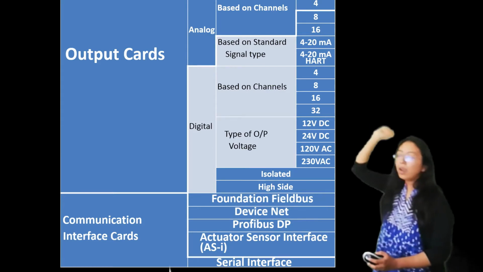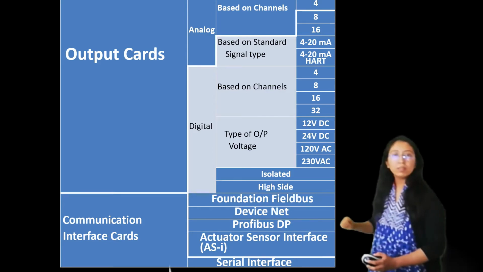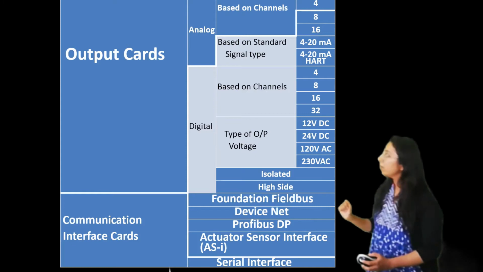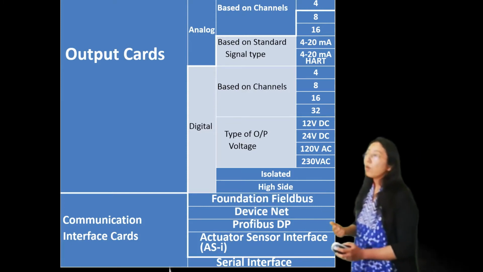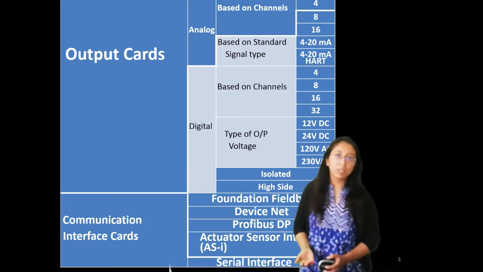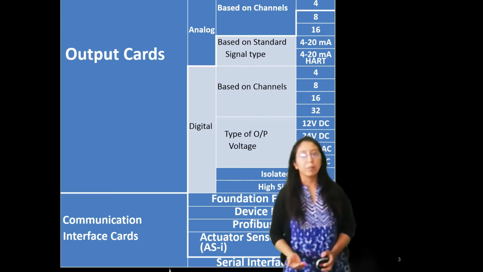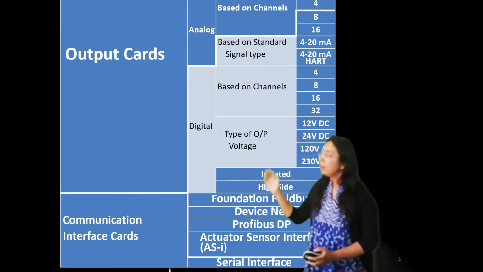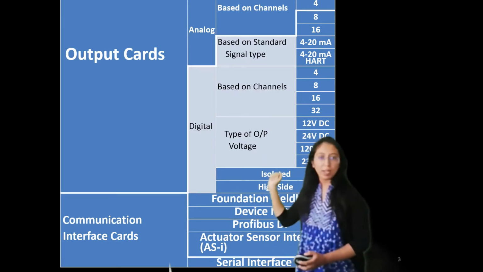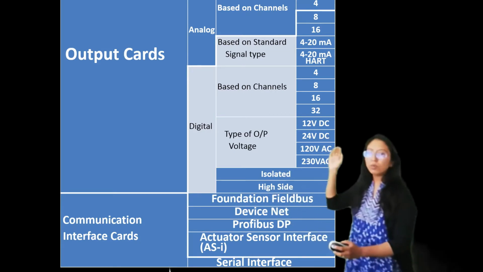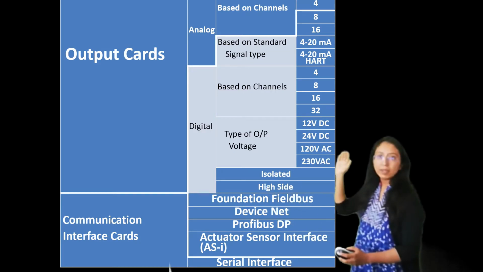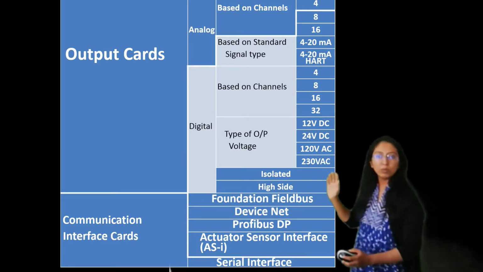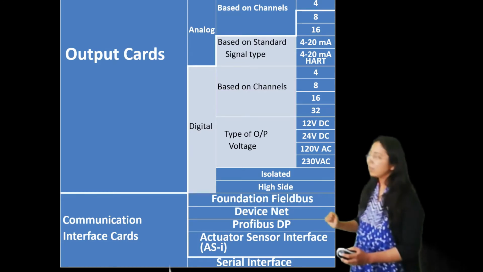And in analog, based on standard signal type, we use 4 to 20 milliampere standard signal and 4 to 20 milliampere HART. For type of output voltage, we can use 12 volt, 24 volt DC, then 120 volt and 230 volt AC.